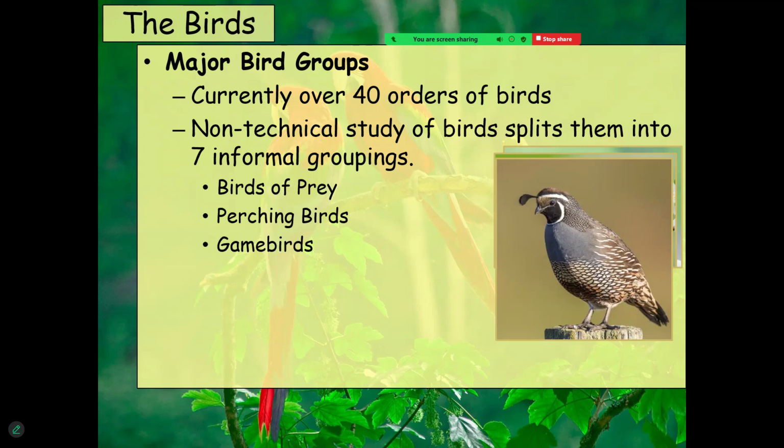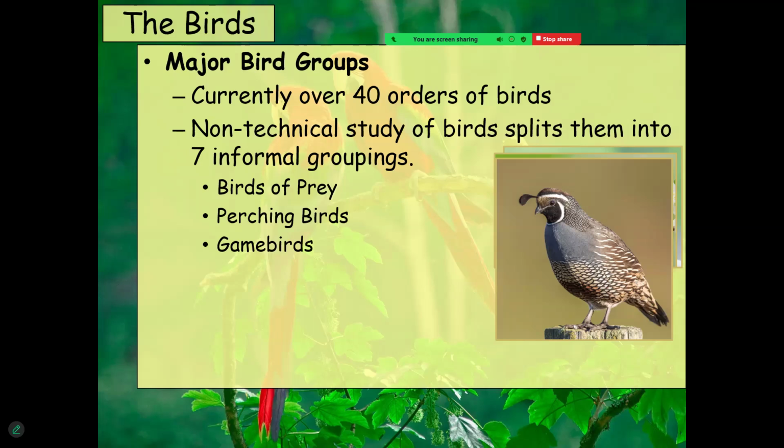Game birds. Here that's a quail, a bobwhite quail to be particular. They're called game birds because they're good to eat, and so people hunt them. But they are all ground-dwelling birds. Not that they can't fly, but they prefer to walk and run. So turkeys would be in this group.